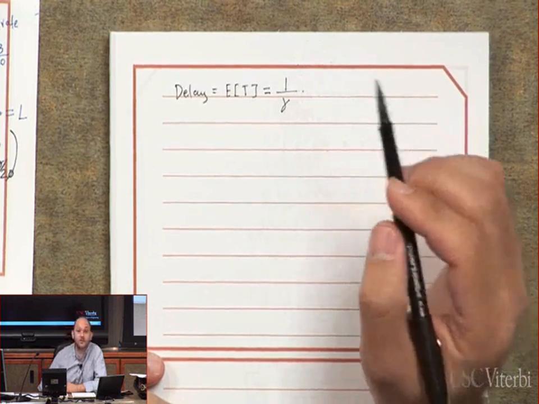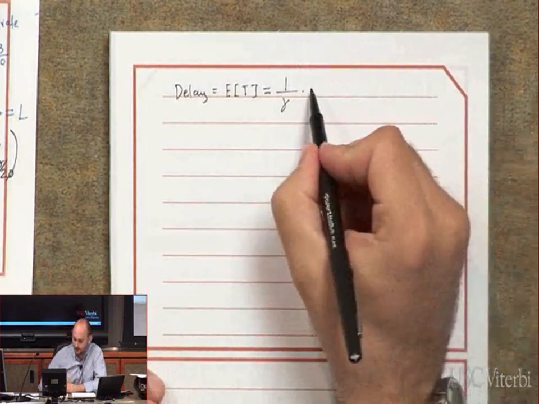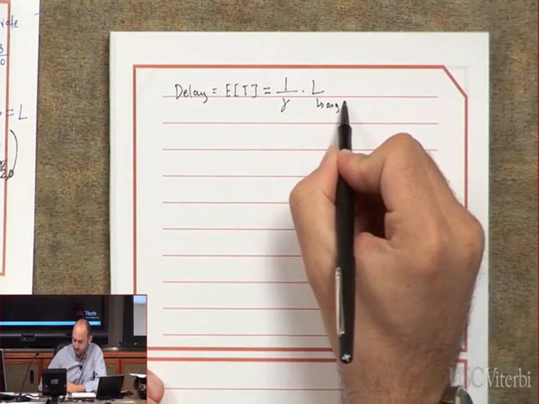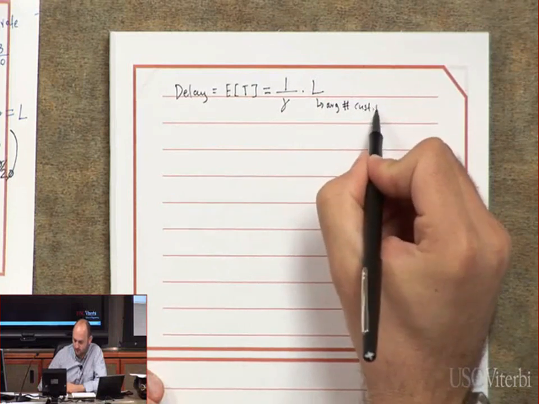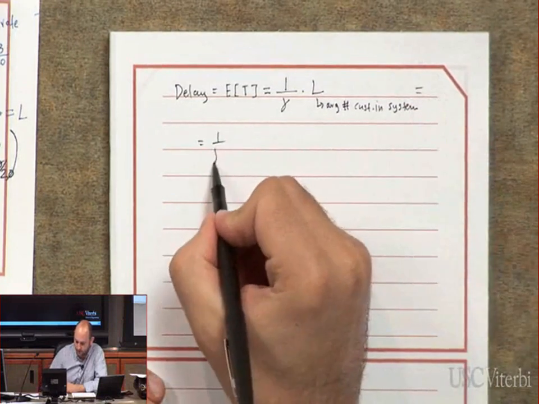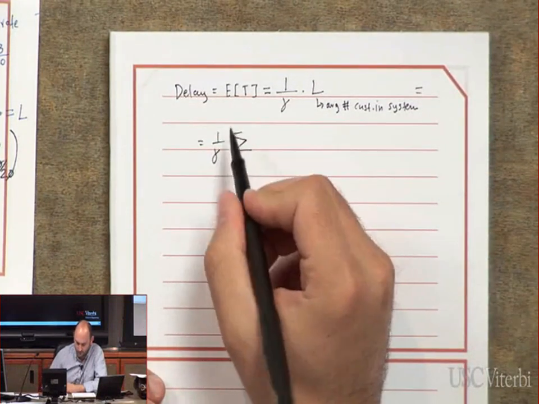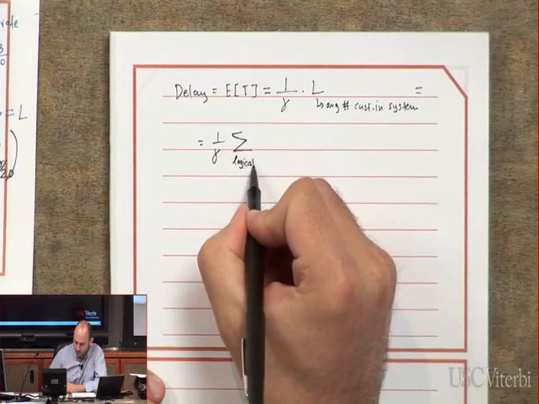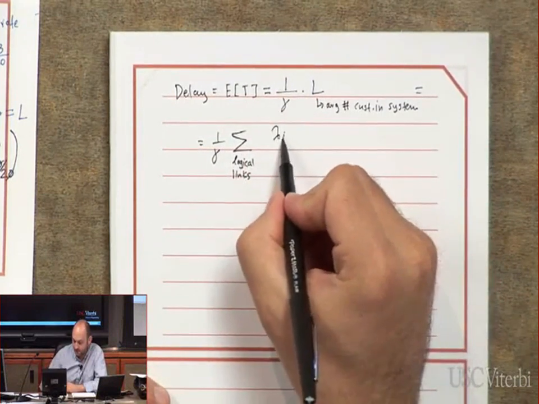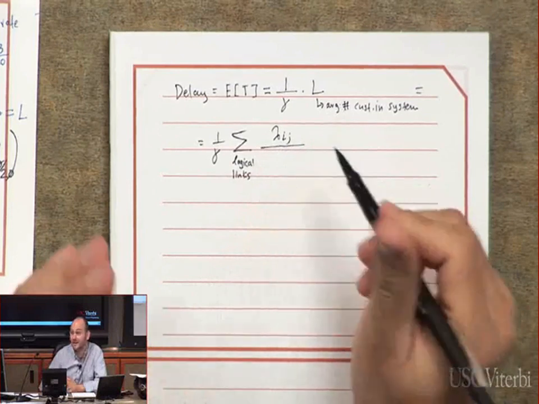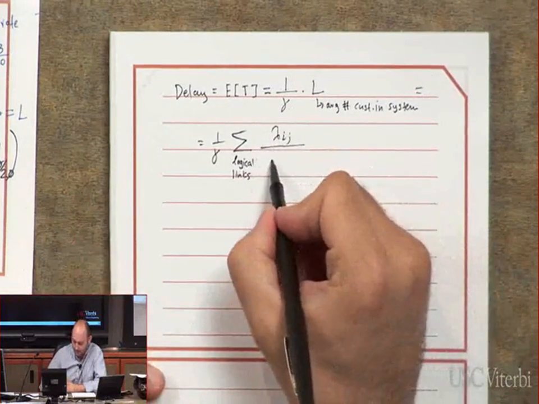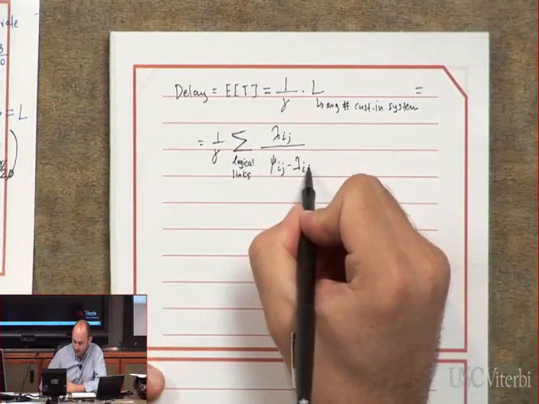Let's call it the average number of customers in the system, and this is equal to 1 over gamma, summation over logical links in the logical topology of lambda ij. Lambda ij is internal rates. This is a network of flows, right? That type of notation. Over mu ij minus lambda ij.